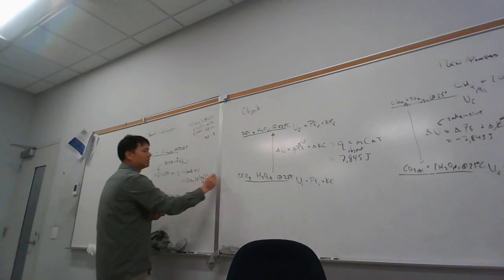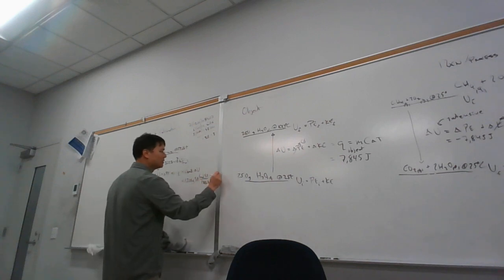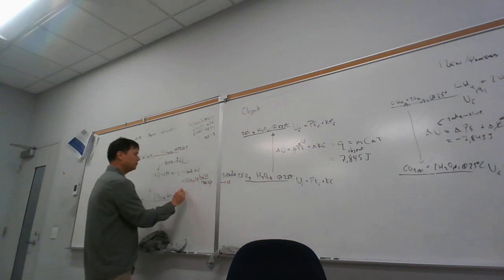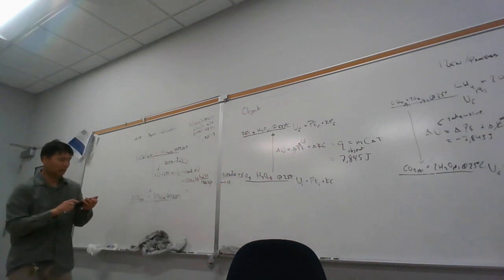And so the amount of heat is going to be minus 3.023 times 10 to the third kilojoules per mole of salicylic acid. Let's see how many kilojoules I get from this.